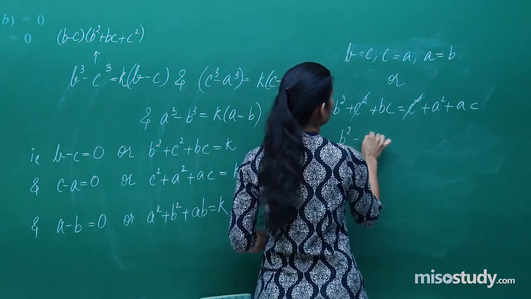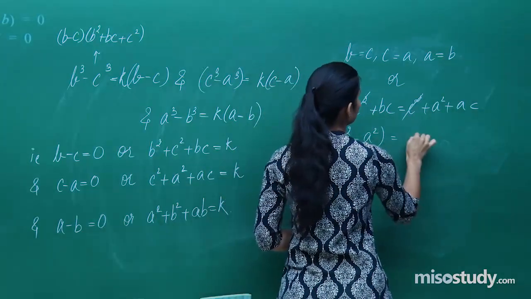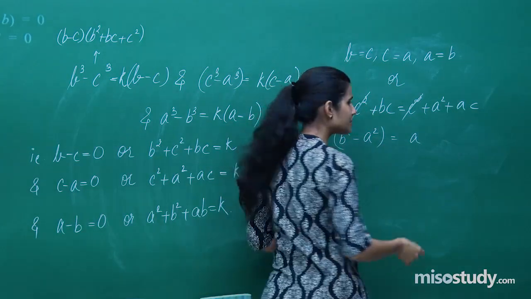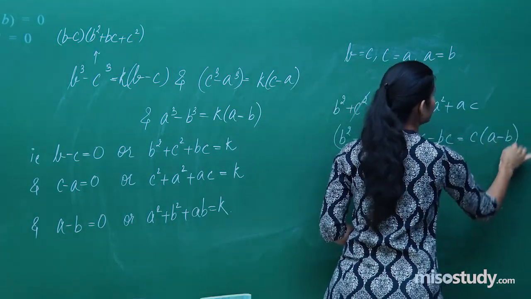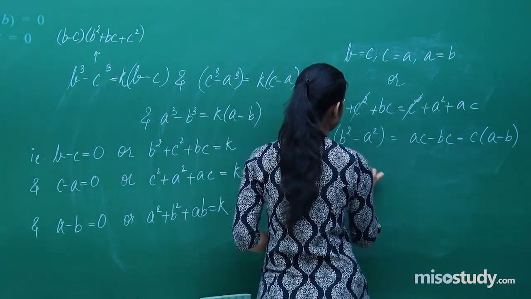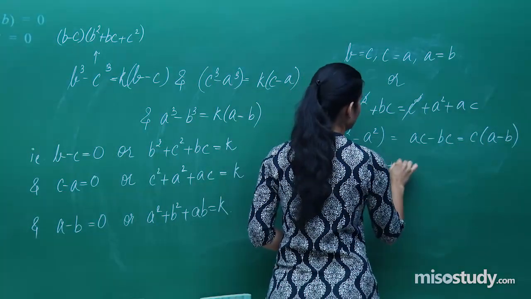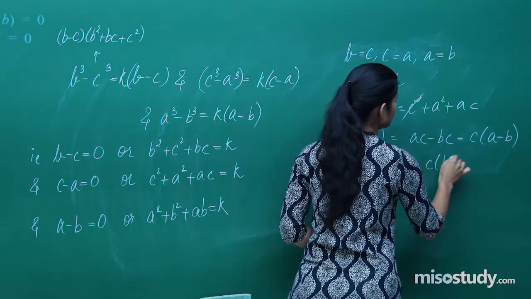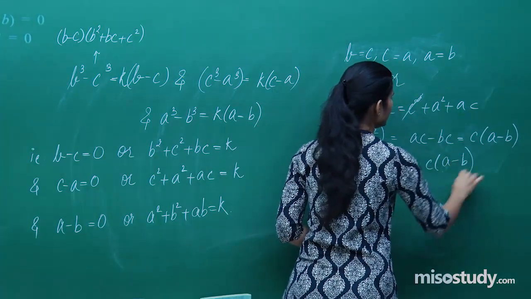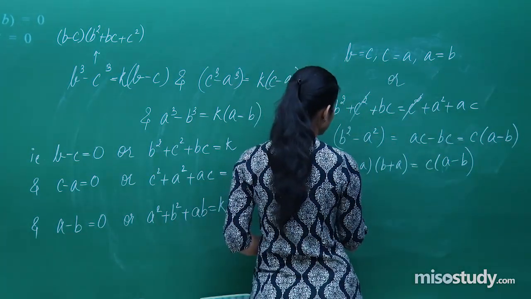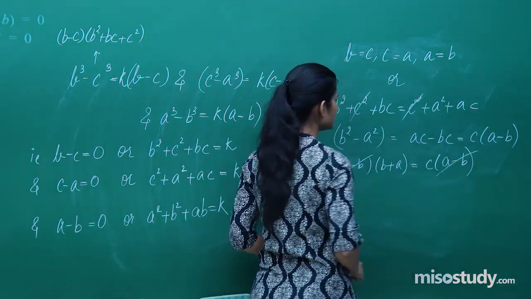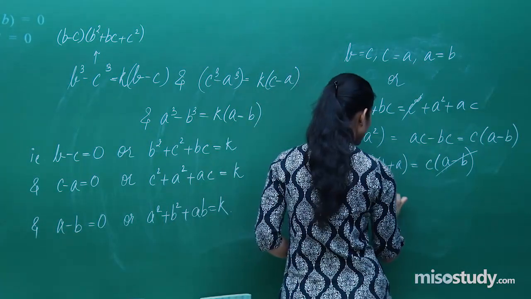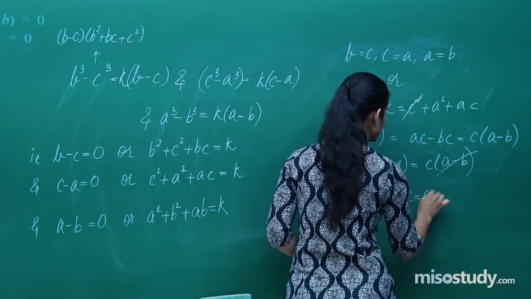You're left with b square minus a square equals ac minus bc, which is c into a minus b. This can be written as b minus a into b plus a equals c into a minus b. Now this can be written as minus of a minus b. This gets cancelled out. You are left with a plus b plus c is 0.